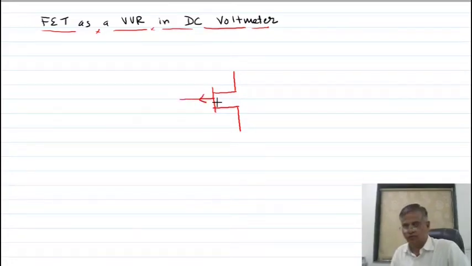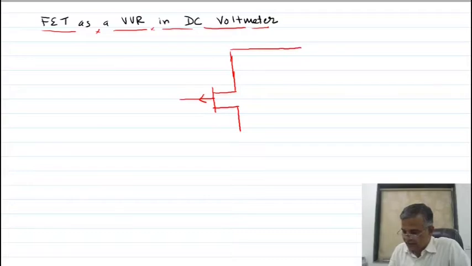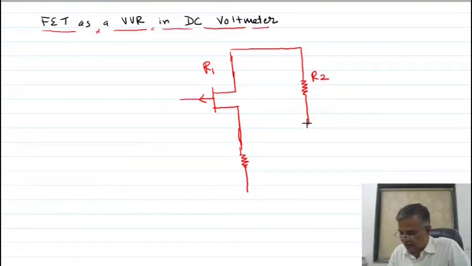Here we have used a P channel FET, and in one branch we have connected the FET. Let us say its resistance is R1. In the second branch it is R2. In the third branch I am writing R3.